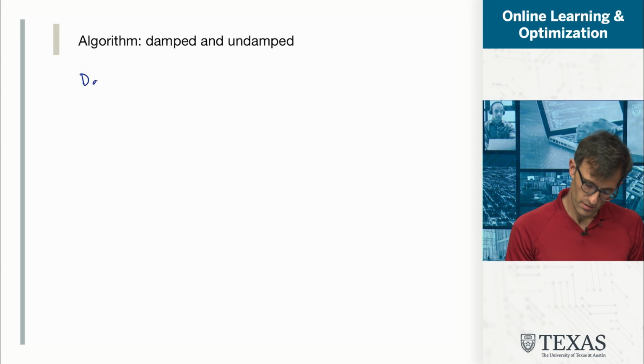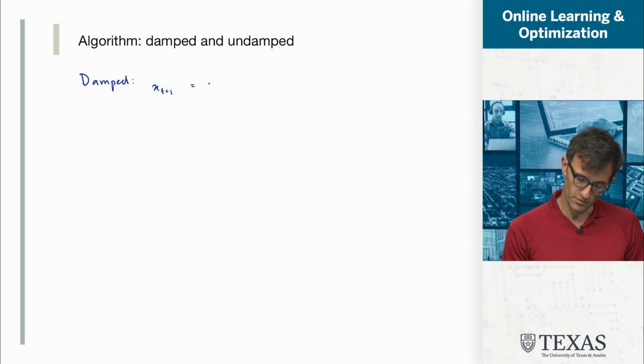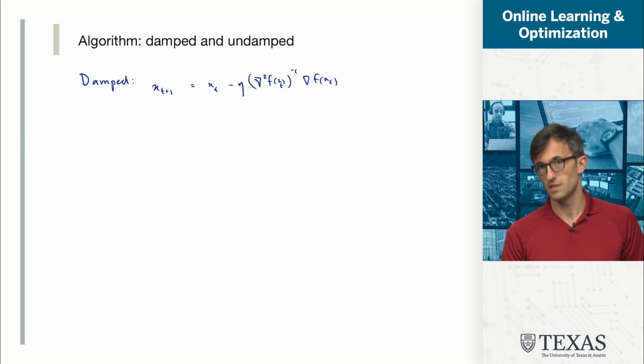In damped Newton's method, x t plus 1 is equal to x t minus a step size that will be less than 1 times the Hessian inverse times the gradient of f of x t. Again, note the computational requirements are exactly the same.